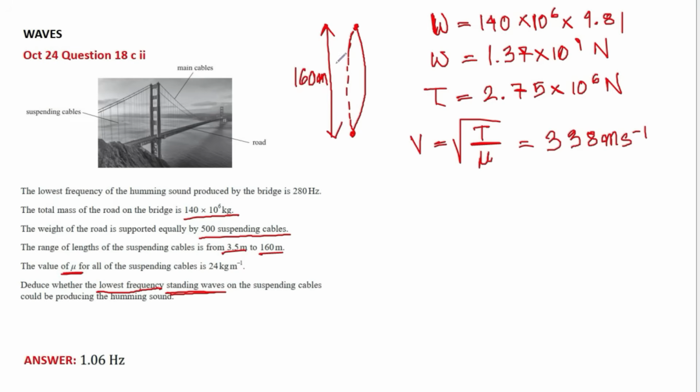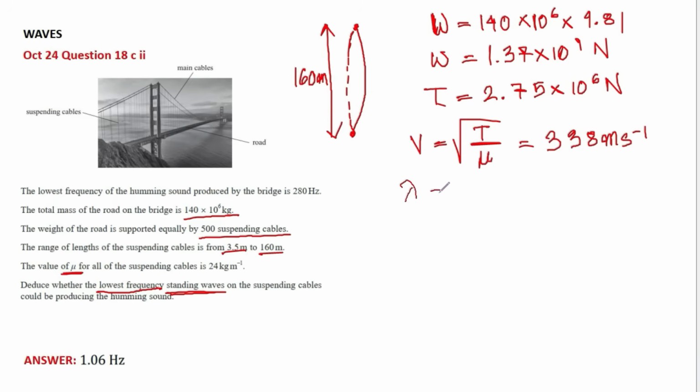But check this out. This 160 meter doesn't look like the wavelength, right? Because for wavelength you have to have this part. So 160 is basically half of that wavelength. So wavelength should be equal to 160 times 2, twice the length, right? So wavelength should be equal to twice the length. So the wavelength should be 160 times 2, that is 320.